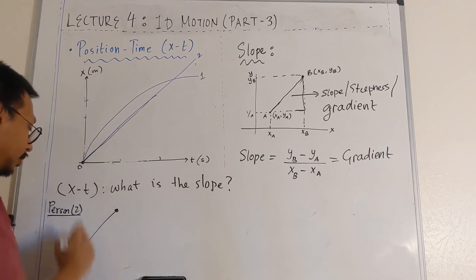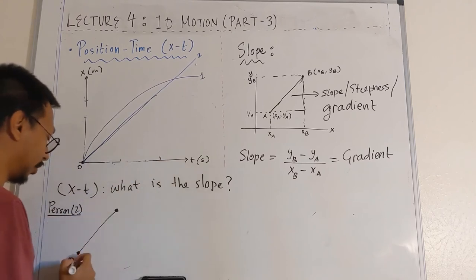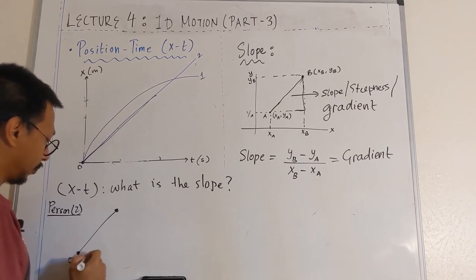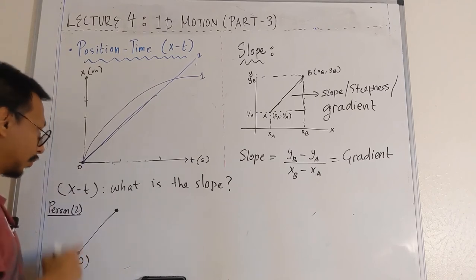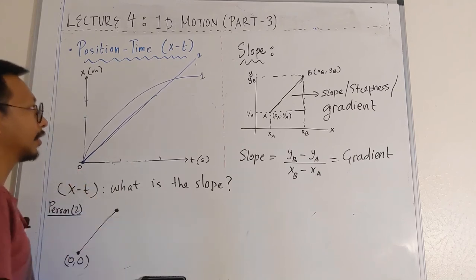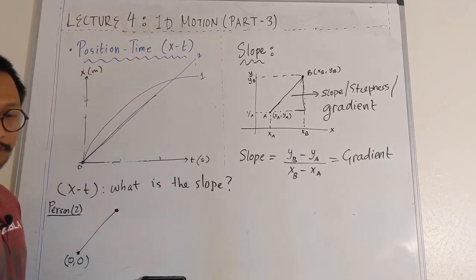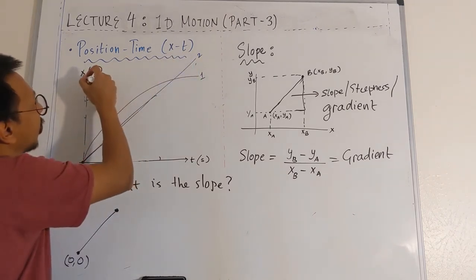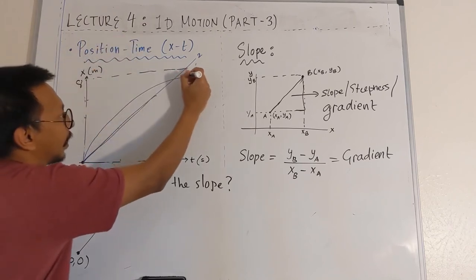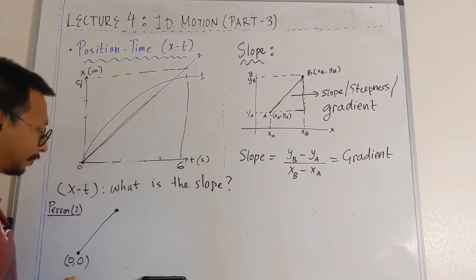I choose to use the origin here, the beginning of the journey, where time was 0 seconds, which is the x coordinate, and the position was also 0 here, because the journey didn't begin as of yet. And then I choose any other point. Maybe I choose this last point, and say this last point of the journey has y coordinate 8 and x coordinate say 6, doesn't matter.